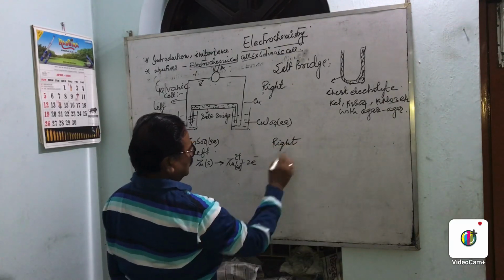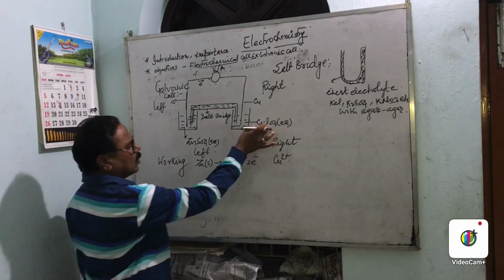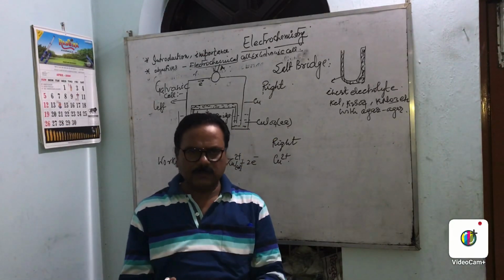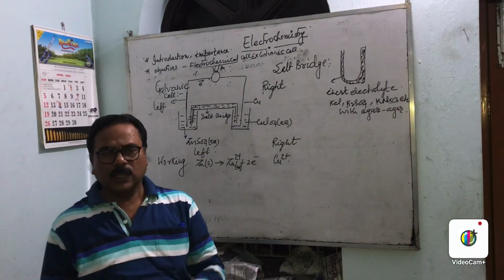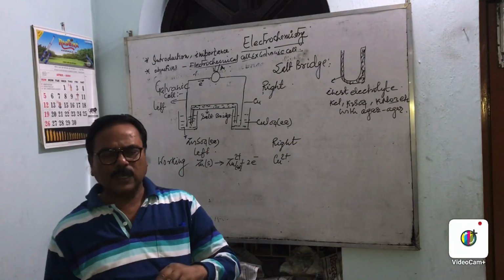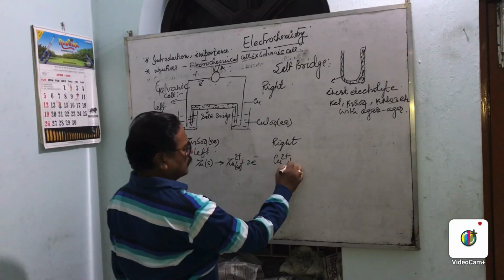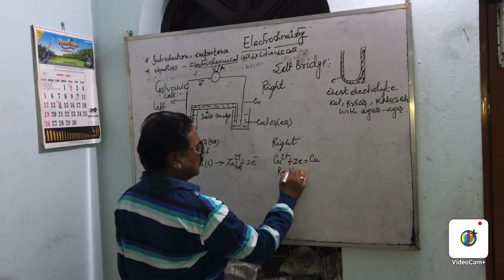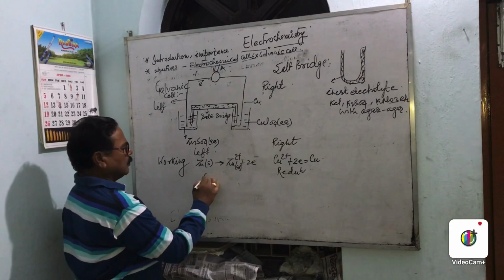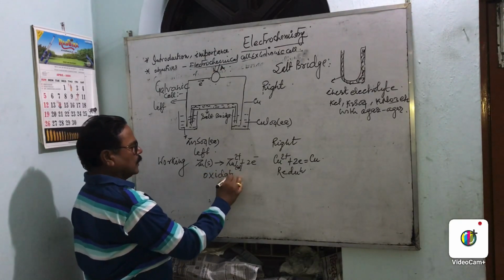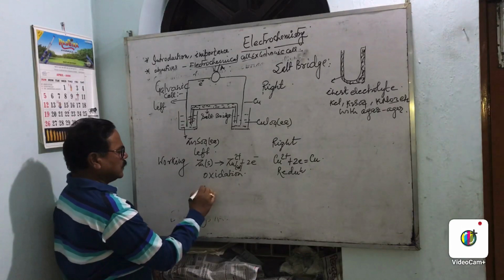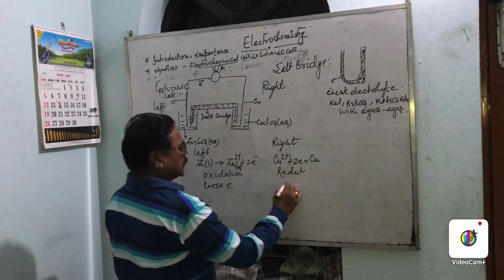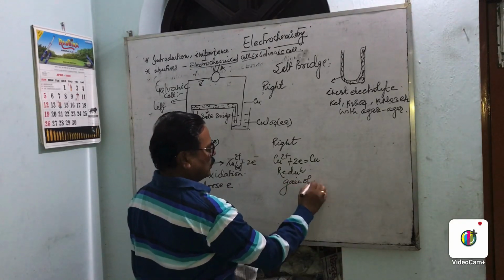In the right compartment, the copper ion obtained from the copper sulfate solution, which when broken up gives copper ion and sulfate ion, gets reduced by taking two electrons and becomes copper. Here is the process of reduction, and there the process of oxidation. Oxidation is loss of electrons and reduction is gain of electrons.